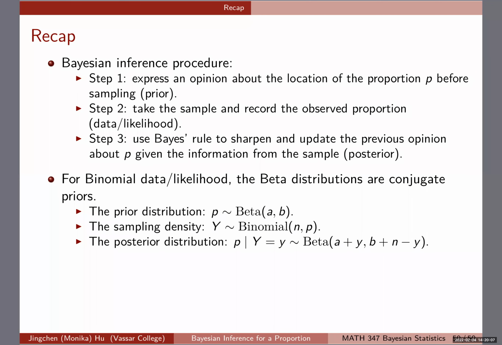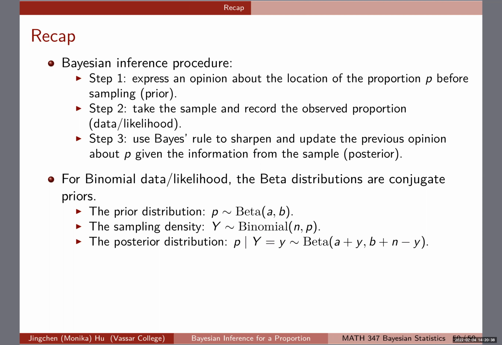And specifically, we work with this binomial data likelihood function. So the beta distributions, they are conjugate priors. What that means, the general result that we have covered, is if we have a prior to be beta(a, b) and our sampling density is binomial(n, p), then the posterior is going to be another beta(a + y, b + n - y). And this could be used in any kind of context if you're using the beta prior for a sampling model of binomial.